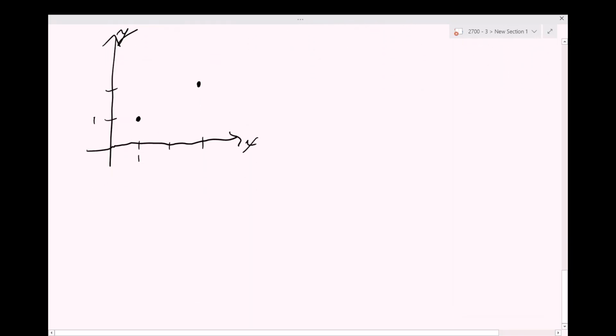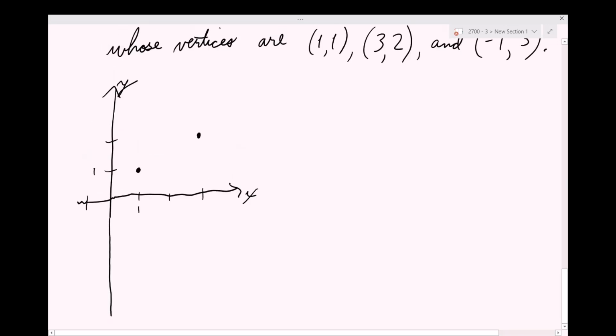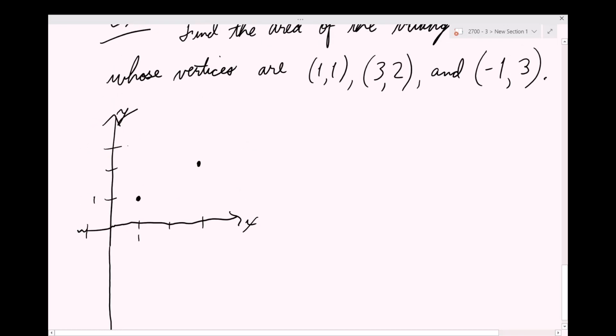So let's make my picture a little bit longer. Negative 1, 3. So it's saying, what's the area of this triangle? And now the point of this exercise is we can use that nice trick of taking the area of that parallelogram using determinant.